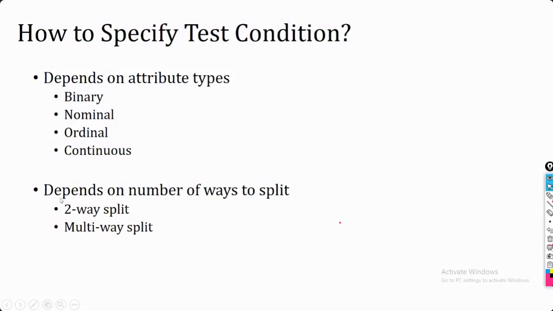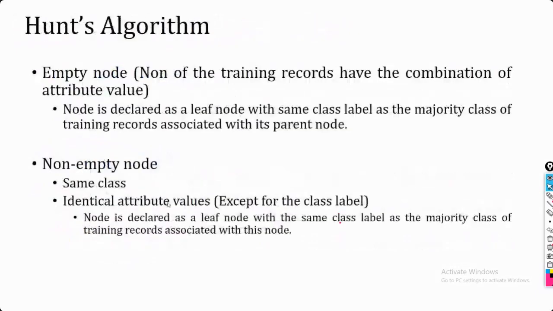Next, once we have selected the attribute, the division could be a binary way splitting or a multi-way splitting. Even if it is a multi-way splitting, you can convert it into a binary way splitting, like we have seen here.